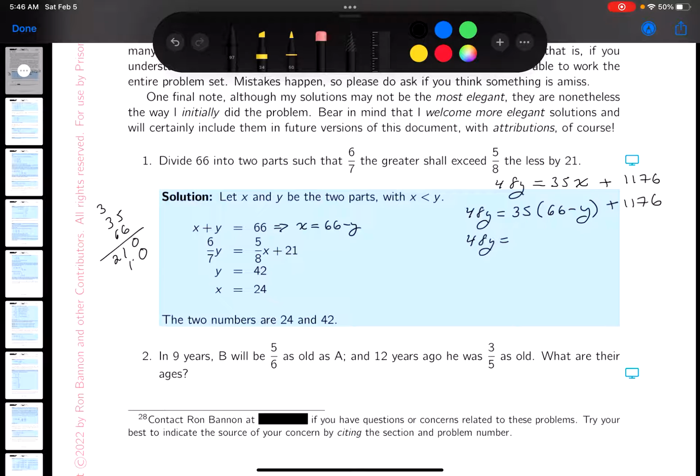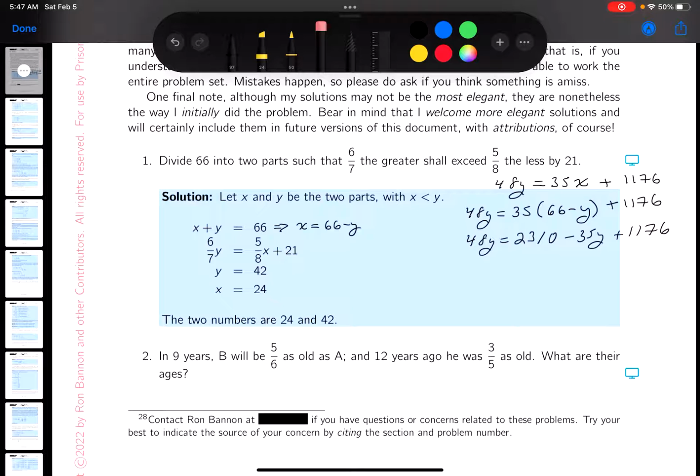Give me a second here. I'll write that down for you: 2310 minus 35y plus 1176. I'm going to erase my arithmetic. And again, I know I say it a lot to you, if you have a tough time with the arithmetic and it takes too much time and you're tired, please use a calculator.